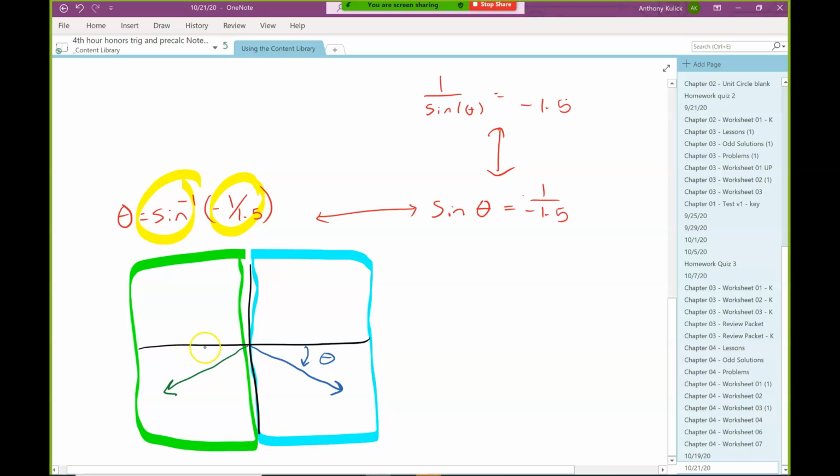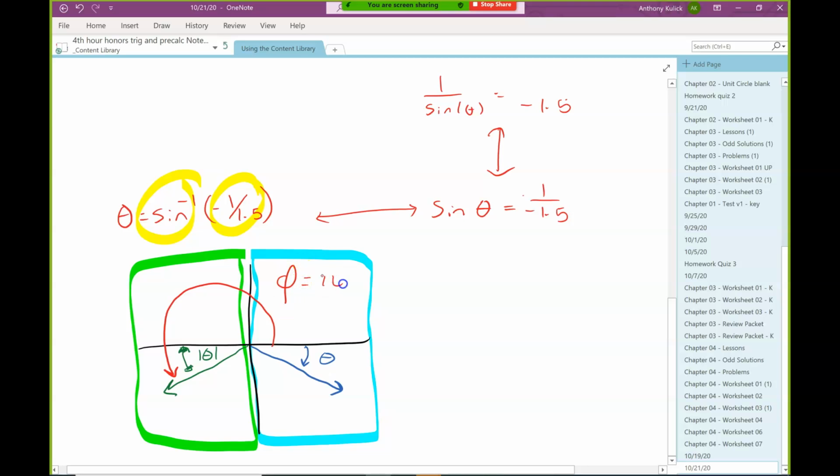Okay. So what I know is that this angle here has the same size as that theta. But the answer I'm looking for is this angle here. I'll call that phi.